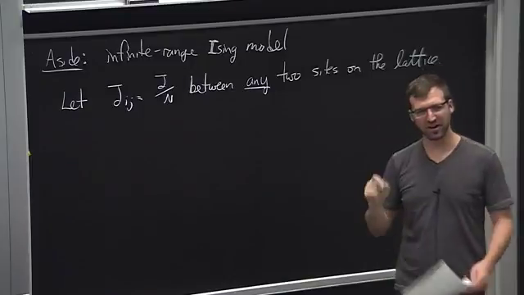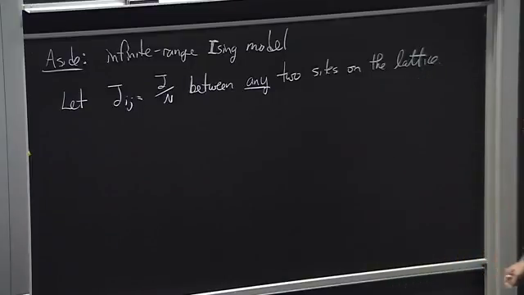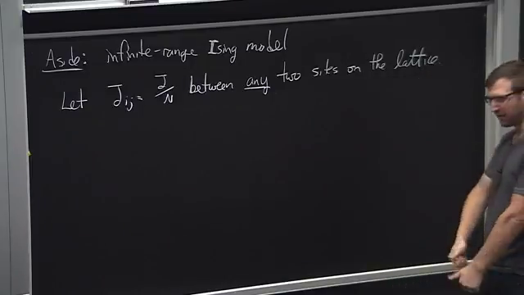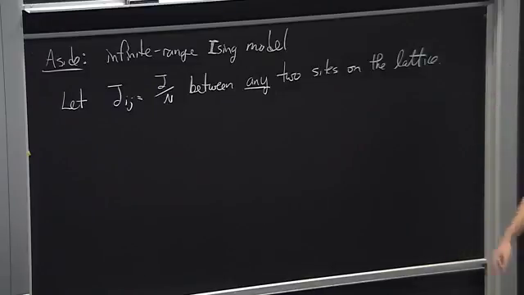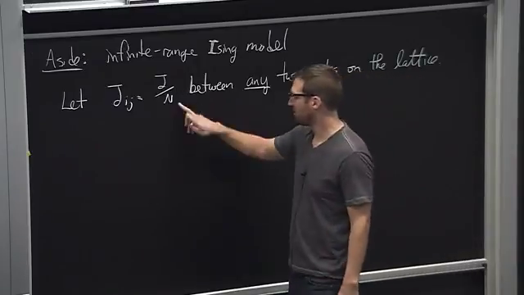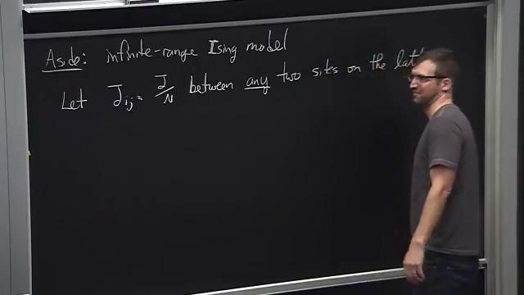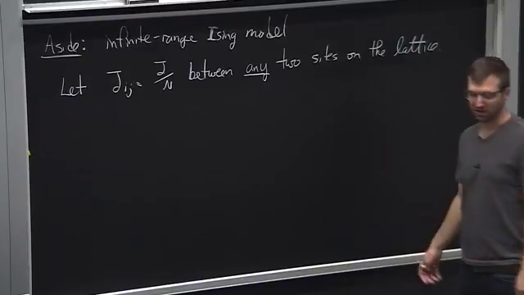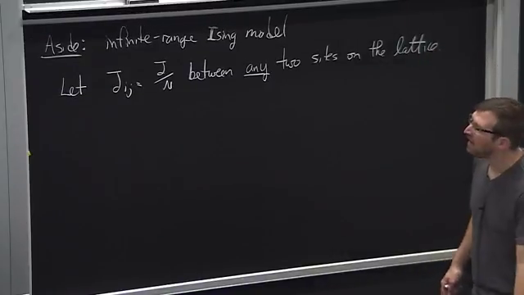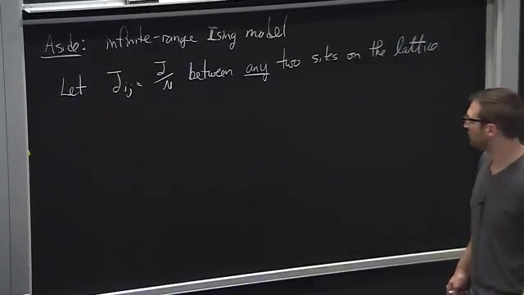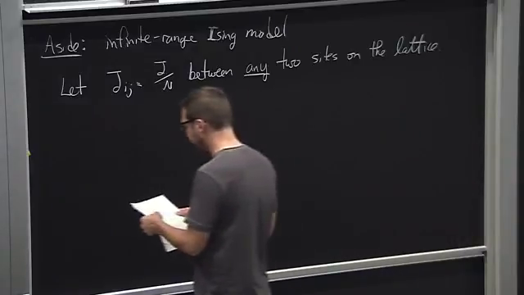So it doesn't matter where your i and j are. Doesn't matter if they're nearest neighbor or a mile apart. Let's just define J_ij as some constant J over N between those two spins. Then any sum over J_ij will just be J.